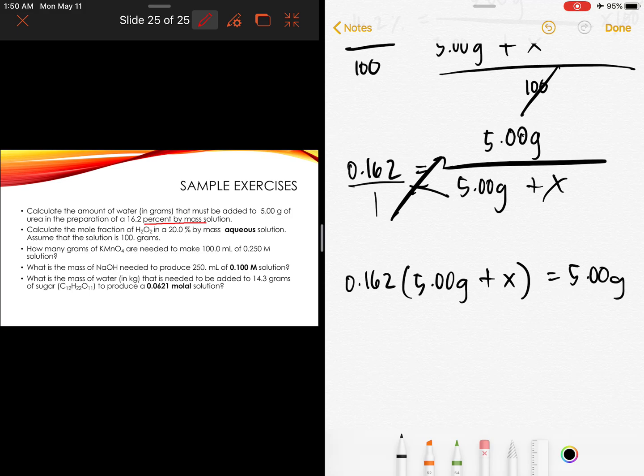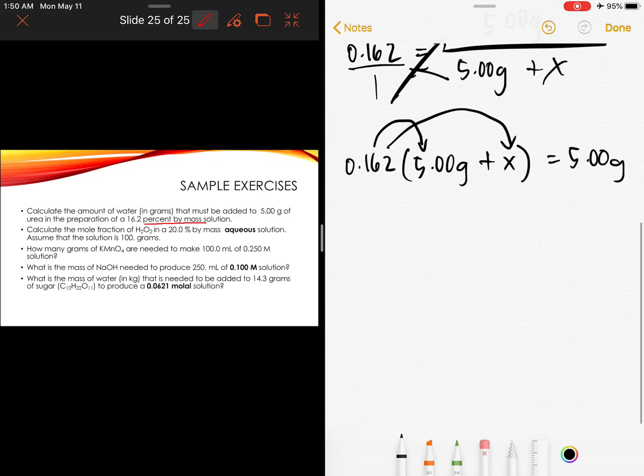There you go. So what's the next step? You distribute 0.162 to the terms inside the parentheses. So 0.162 times 5, that is 0.81 grams, plus 0.162 times x, 0.162x, is equal to 5 grams.